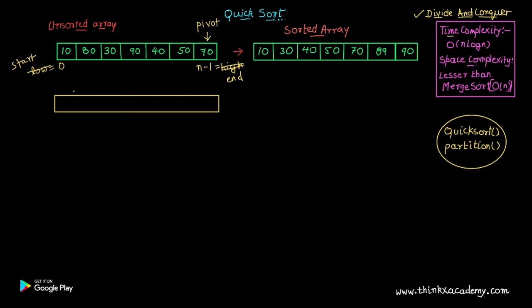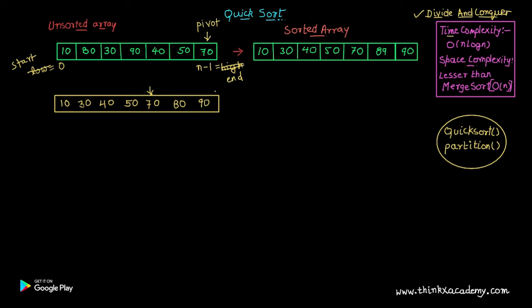So 10 will come here, since 10 is less than 70, then 30, and then 40 is also less than 70, 50 is also less than 70, and now we have no element which is greater than the pivot element. So we write the pivot element here, and then all the remaining values which are greater than the pivot come to the right hand side of it. The remaining values are 80 and 90.